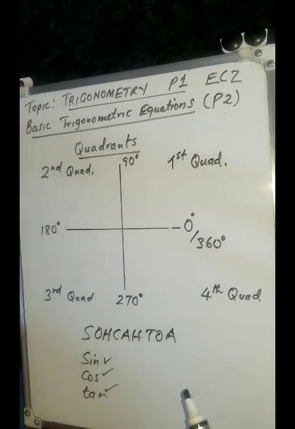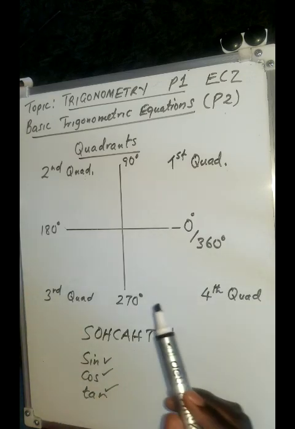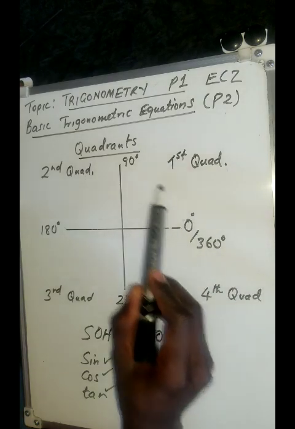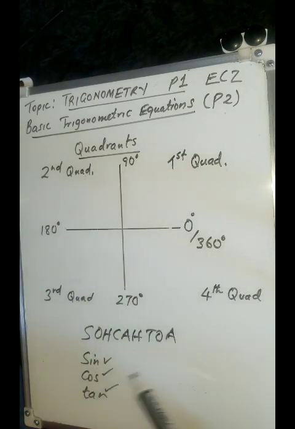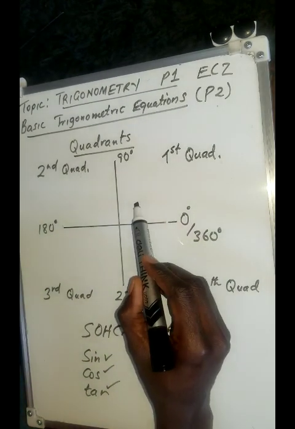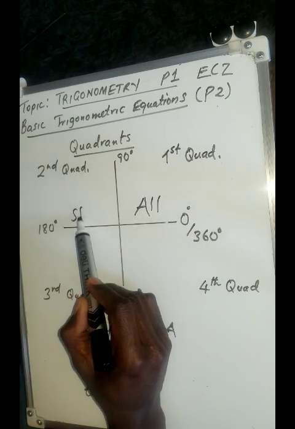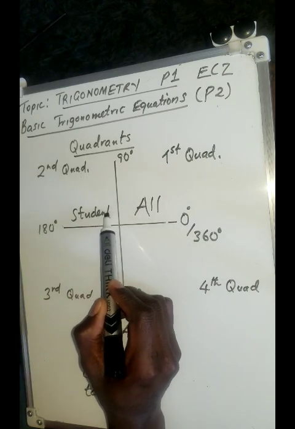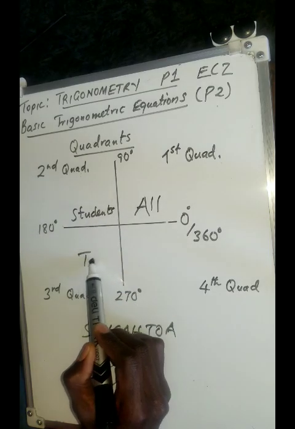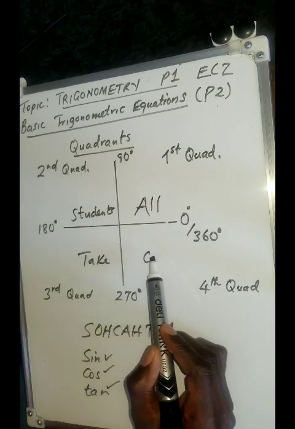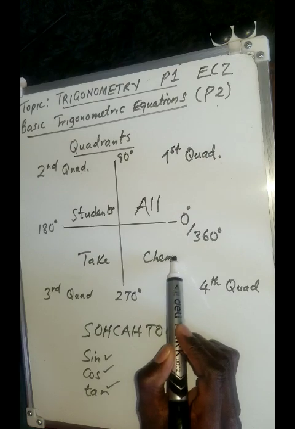These are the 3 trigonometric ratios that we have. What you need to remember is that in the first quadrant, all the 3 trigonometric ratios are positive. Therefore, we use a memory aid: all students take chemistry.